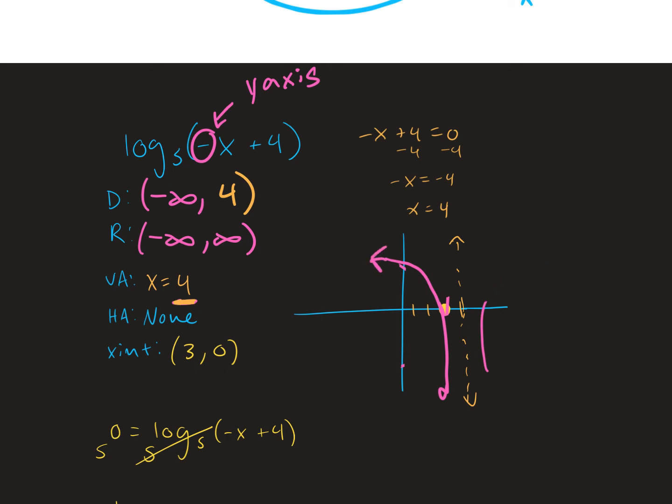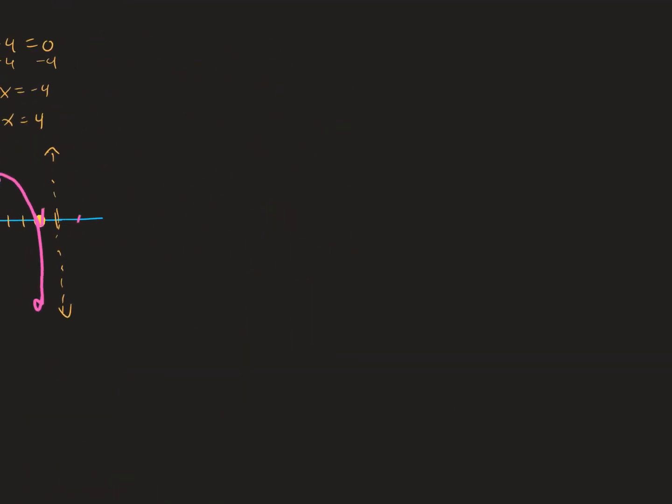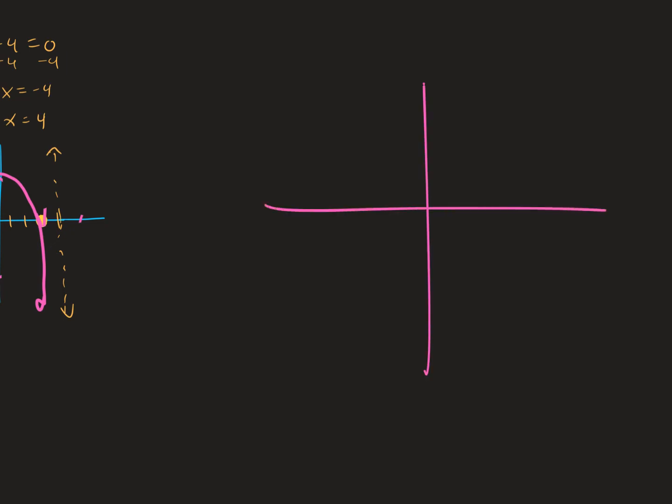So when you're reflecting on the y, if they're going opposite directions, they don't touch? Just think about the y-axis as your mirror now. So however it looks this way, it'll be the same shape that way. Let's say my typical graph for a log looked like this, and I had a reflection on the x-axis.